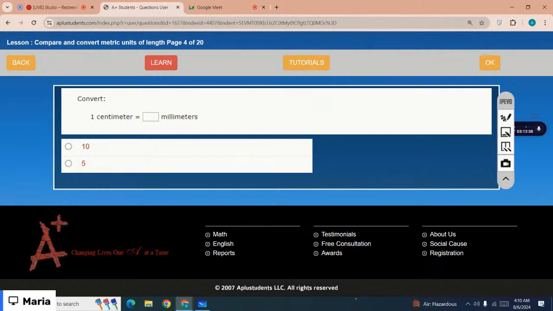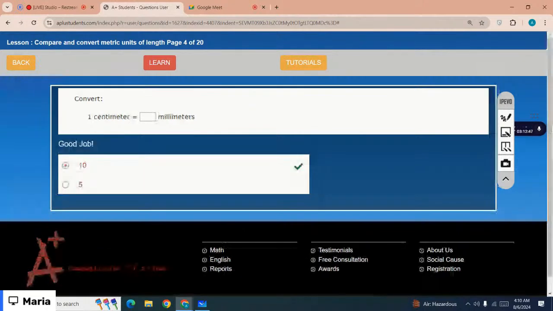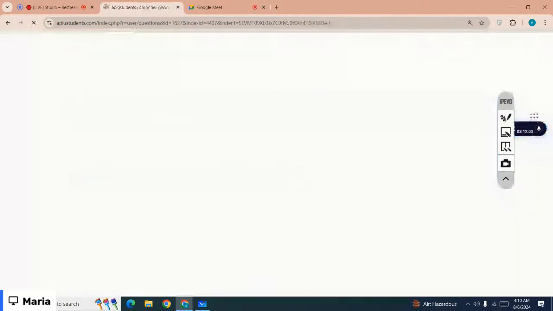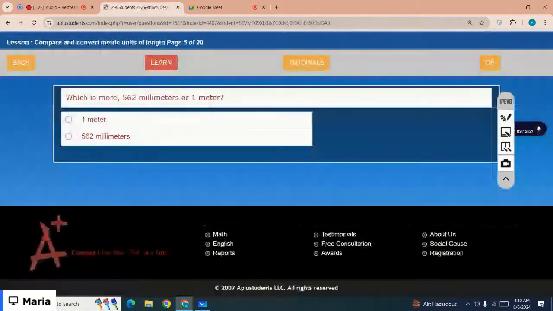Option number 1 is the correct option. Which is more, 562 millimeters or 1 meter?